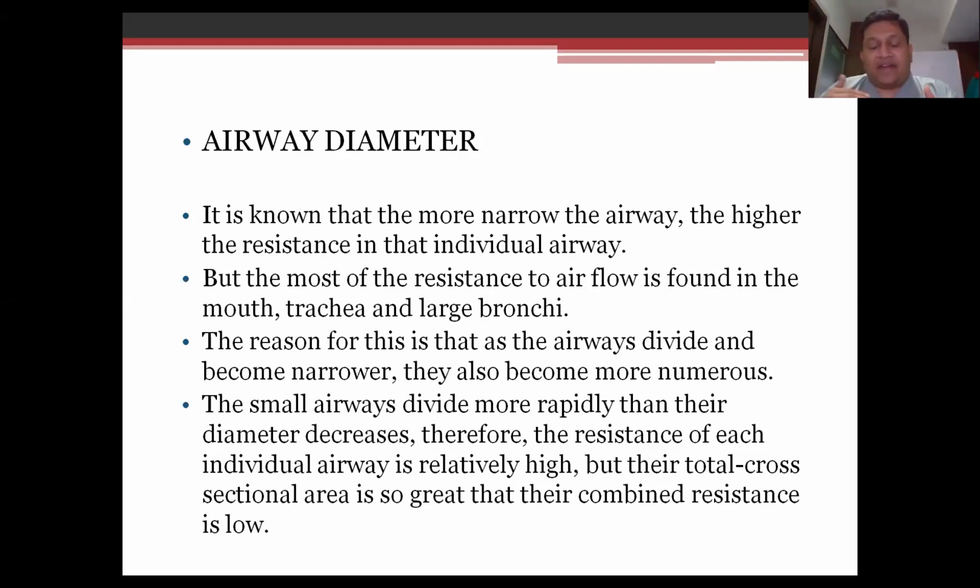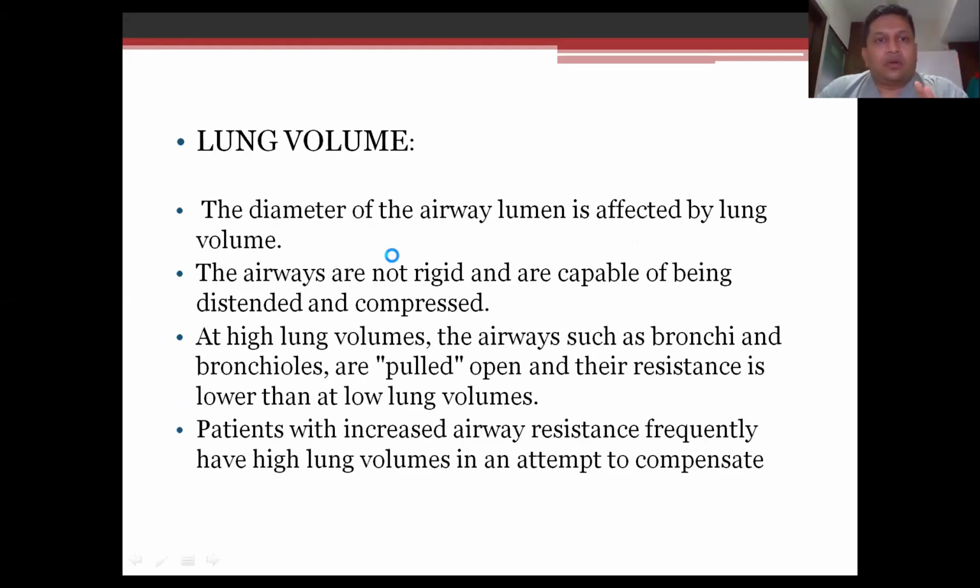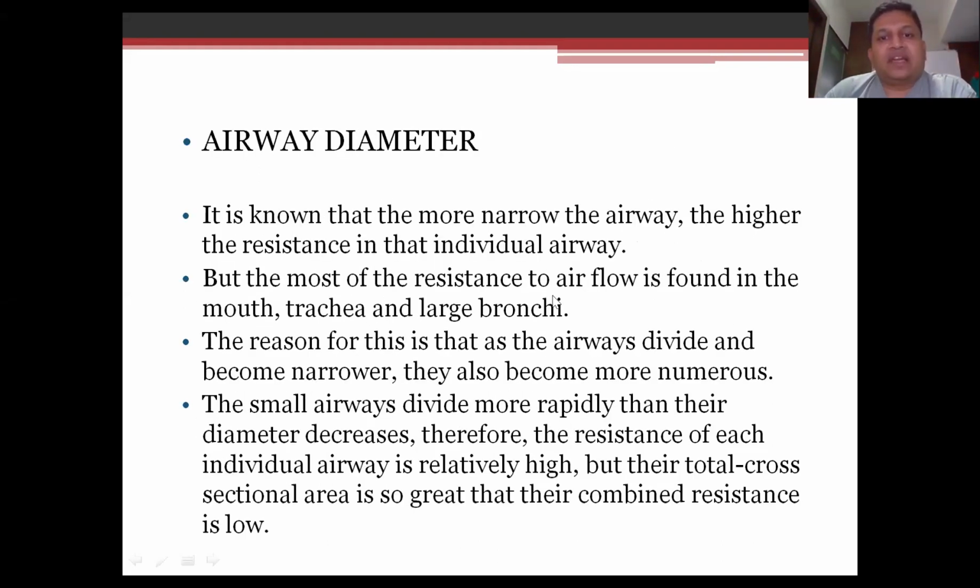Now, what factors will decide the resistance? Airway diameter. It is known that the narrower the airway, the higher the resistance, according to the resistance formula. But most of the resistance to airflow is found in the mouth, trachea, and large airways.